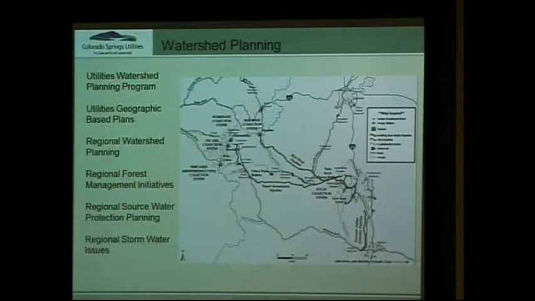And of course, there's regional stormwater. Now, we introduced geographic specific plans into utility structure, where we're looking more specifically into smaller watershed units and really trying to detail out what is going on and how do we address overuse around the reservoir, or even just the forest management within a small hydrologic unit.